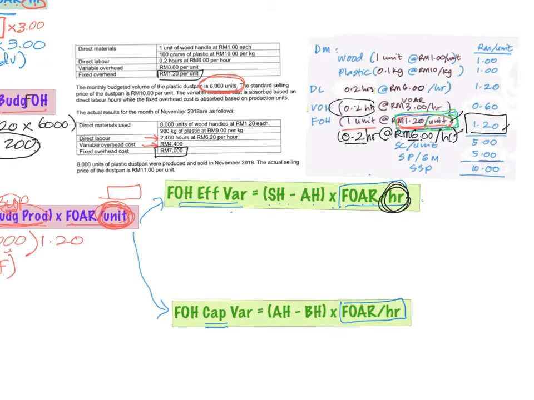Now we want to proceed with the calculation of fixed overhead efficiency variance. You just take the standard hours. As you can see, we have already calculated the standard hours before. That is, we take the 0.2 hours times the 8,000 units produced. So here you get 1,600 hours, minus the actual hours.